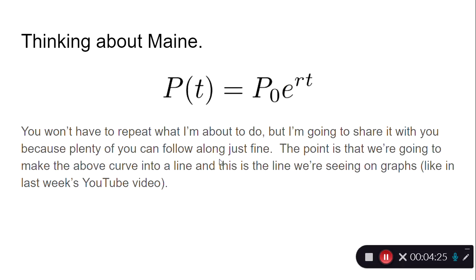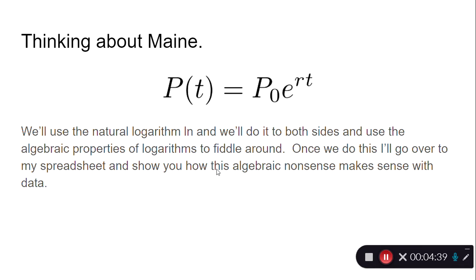So I'm going to, in a minute here, put some equations on the screen, and you're not responsible for them, but I want to show you anyway. I think a bunch of you can follow along just fine, and then we'll see how this actually comes into use, using data, using a spreadsheet to make predictions.